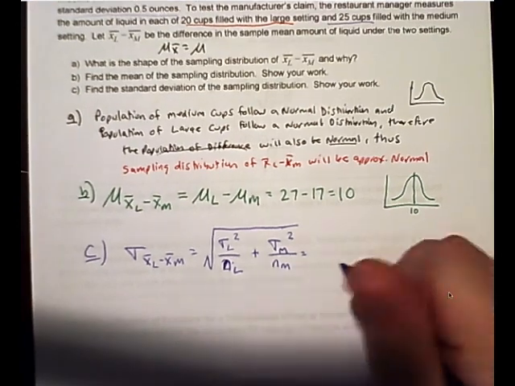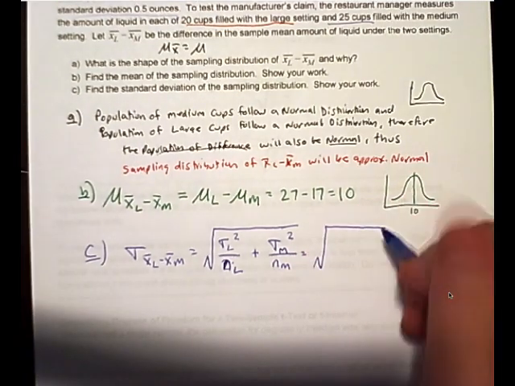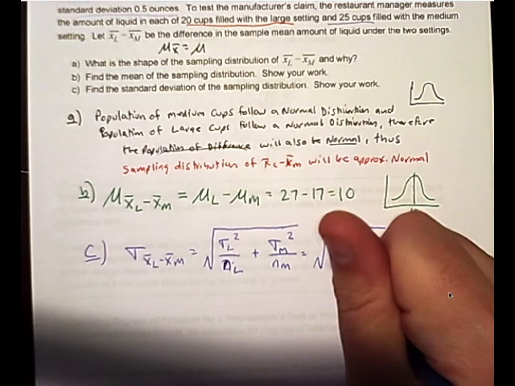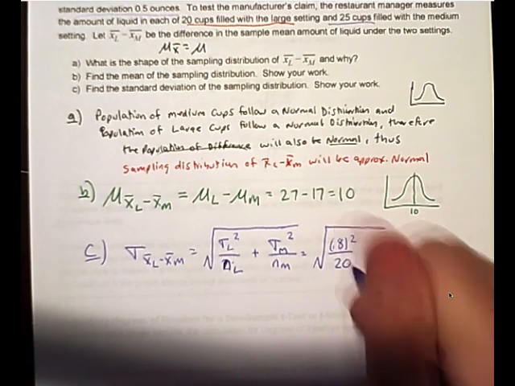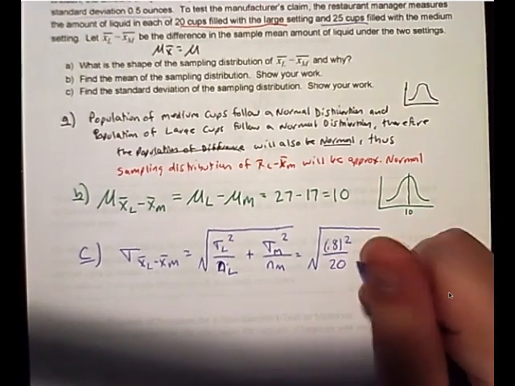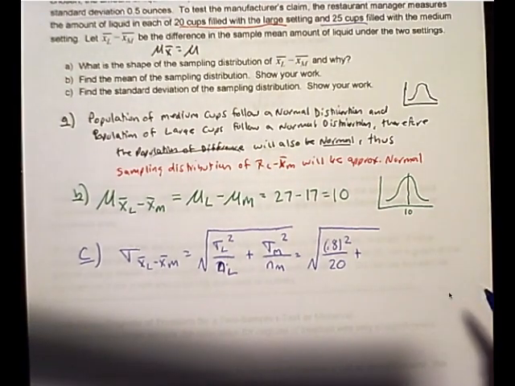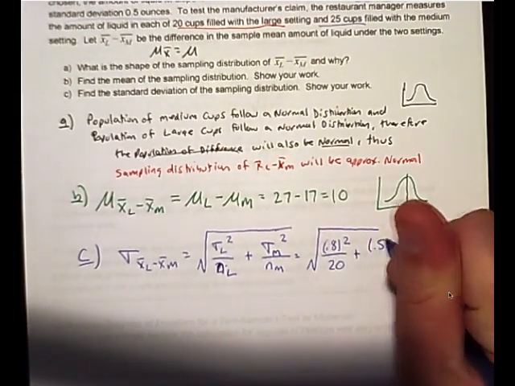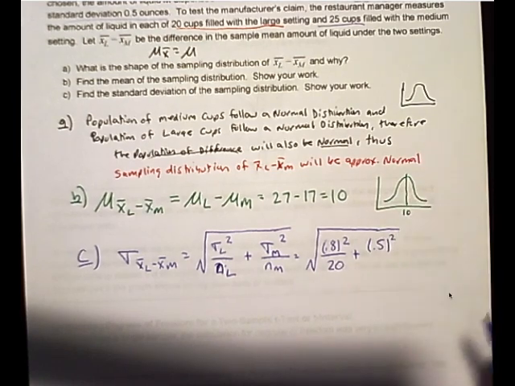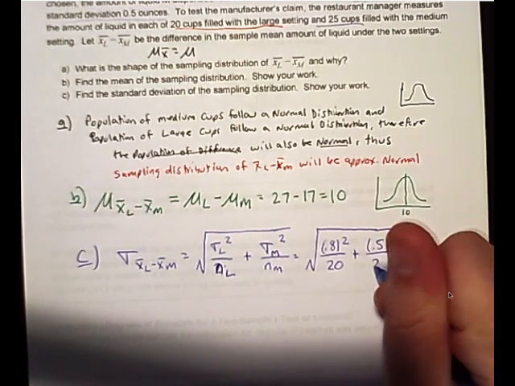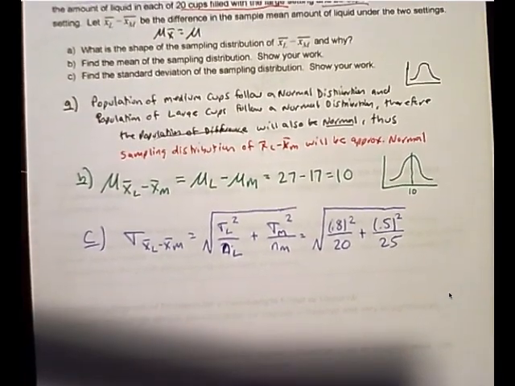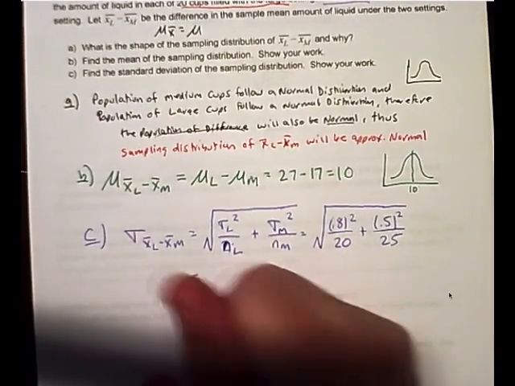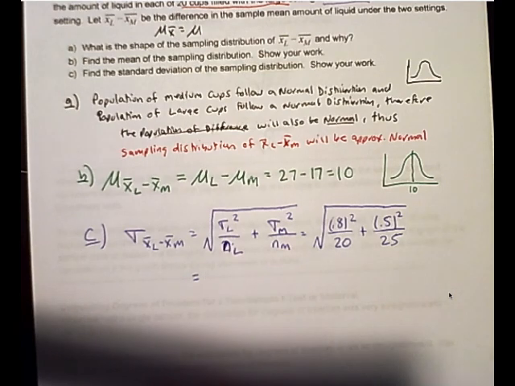And when I plug in my numbers, sigma L was 0.8. Sample size was 20. Sigma M was 0.5, and the sample size there was 25. So we can do this in one step in our calculator.